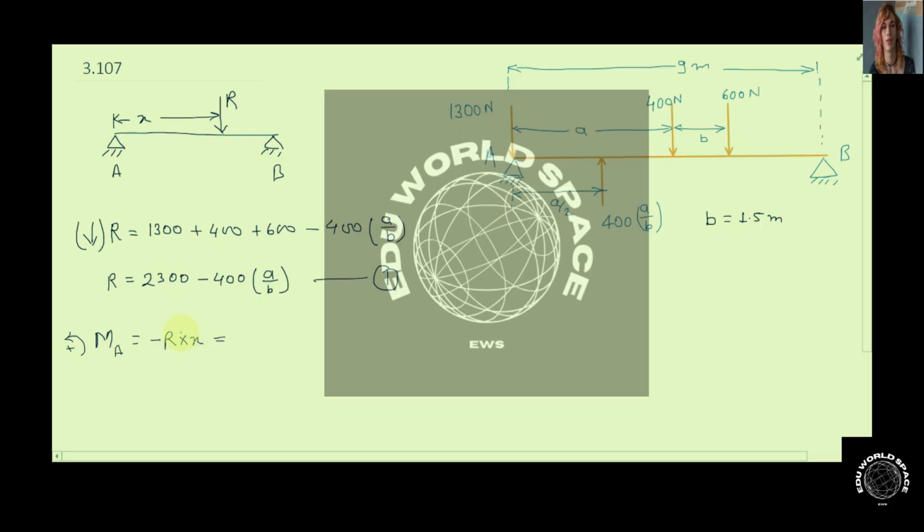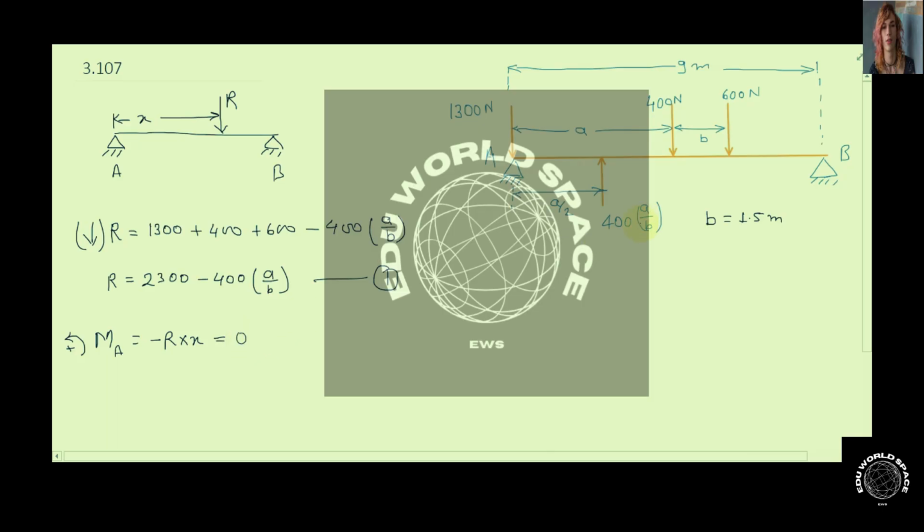This should be equal to the moment in the actual diagram about point A. The moment because of this 1300 Newton will be 0, since it is passing through point A.